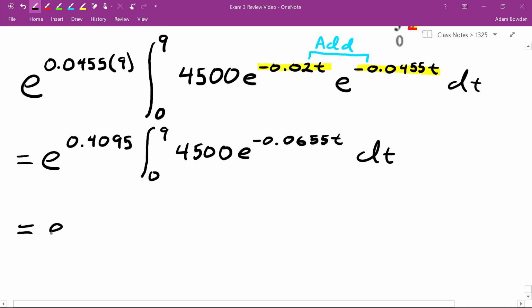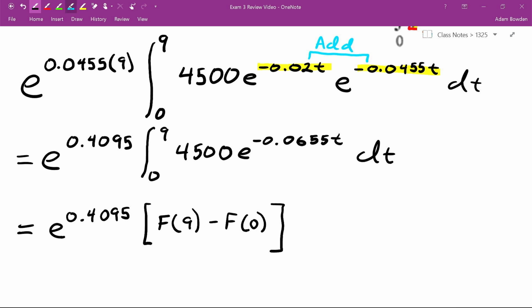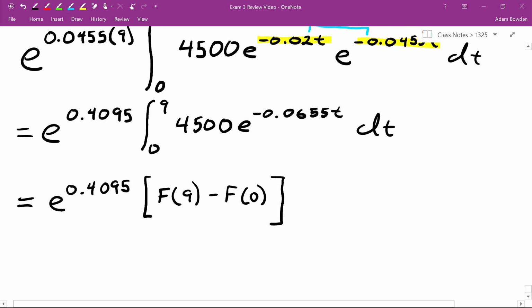Now we need to take this integral here and do all the work with it. To do this calculation, we'll do the number out in front, e raised to the 0.4095, multiply times, let's find the antiderivative, plug in 9, find the antiderivative, plug in 0. Okay, the antiderivative here, we can find it using this setup.